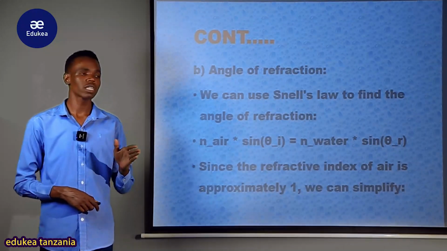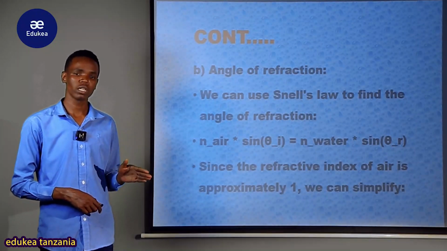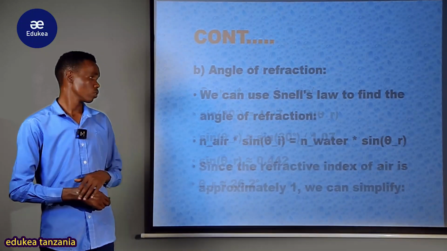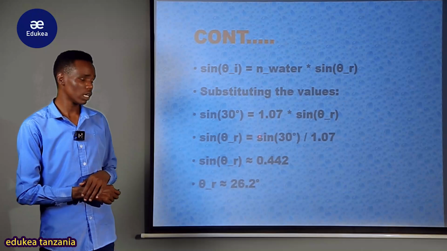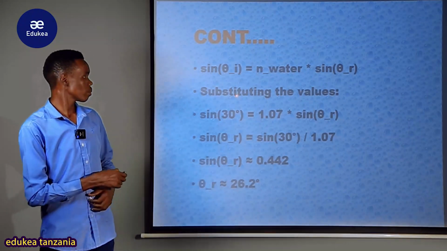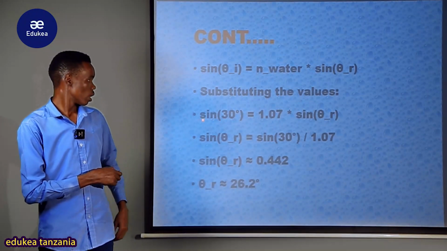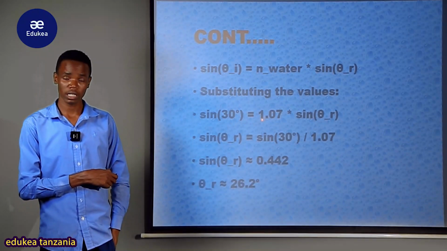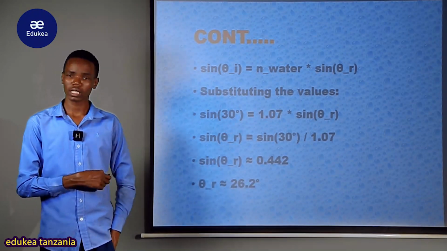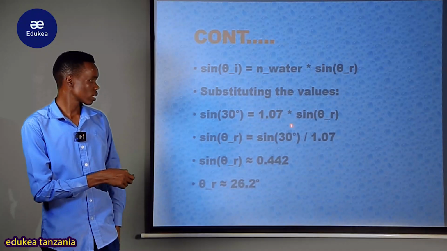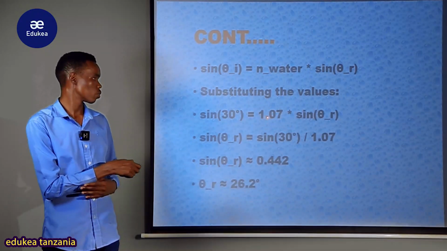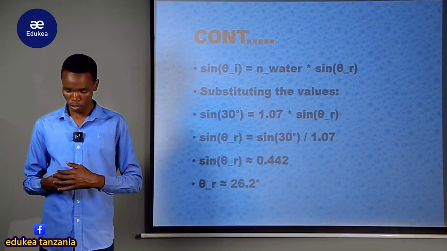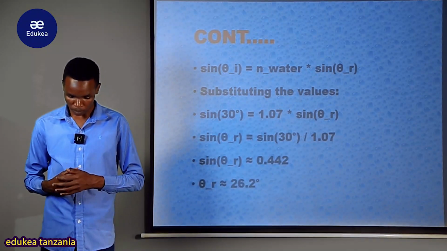But the refractive index of water we have obtained in Roman A, so you can substitute it here. After substituting, you will get 1 times sine of the angle of incidence, which is 30 degrees, equals the refractive index of water, 1.07, times the sine of the angle of refraction.